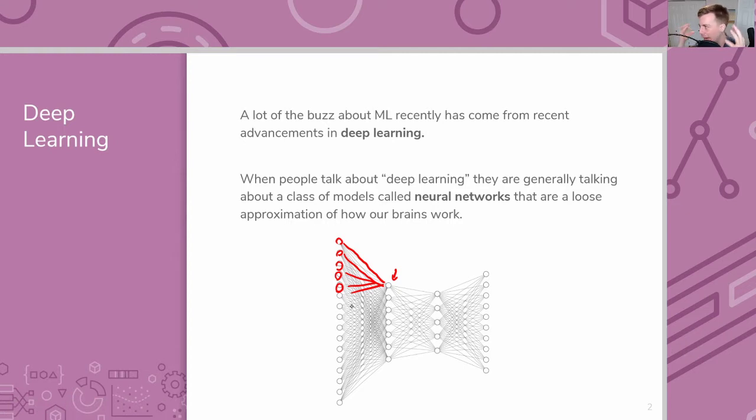This is kind of like how a brain neuron works, where electrochemical signals come in from the dendrites of your neuron. Your neuron has a threshold for activation firing. It fires, and then that signal goes on to other neurons. And in some sense, it's almost magic that a network of really, really simple units that take in inputs and decide whether to fire or not can form the most complex human behavior we can think of.